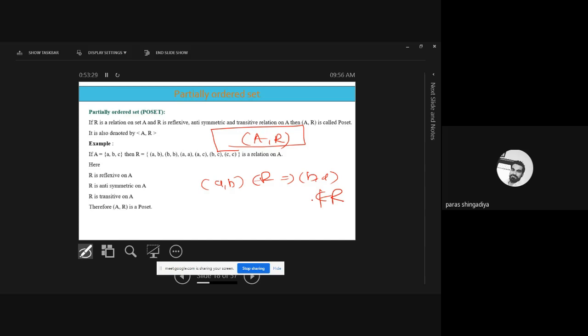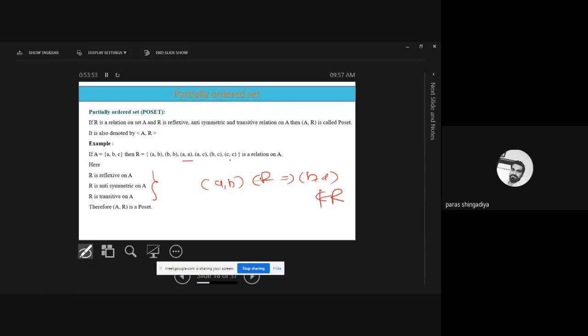So it is denoted by this notation also, (A,R). Okay, that is called a poset relation. Poset. (A,R) is a poset. Okay, and here one example is given which satisfies all these three properties: reflexive, antisymmetric, and transitive. So first check reflexive.